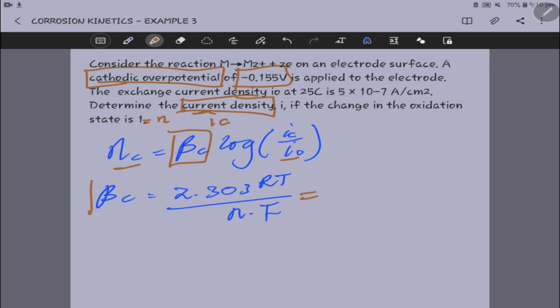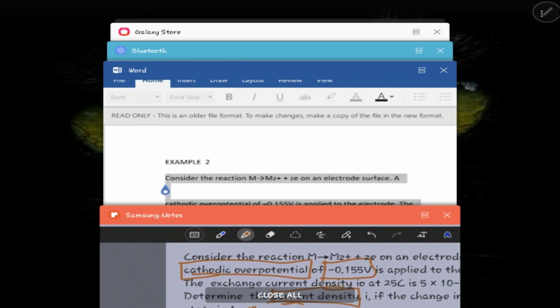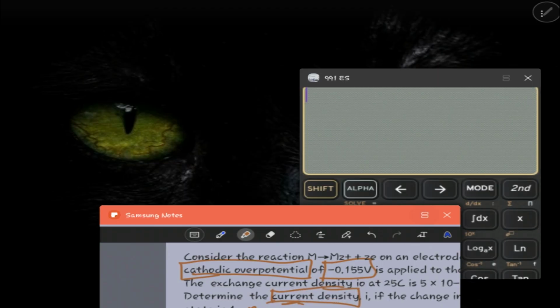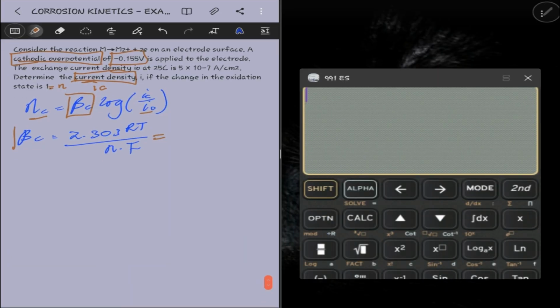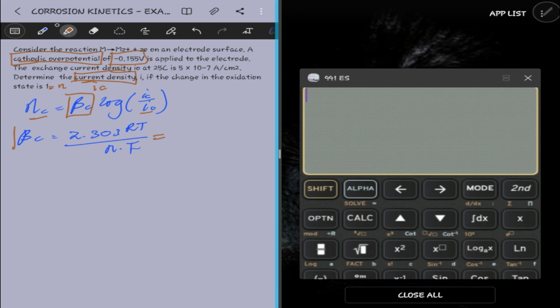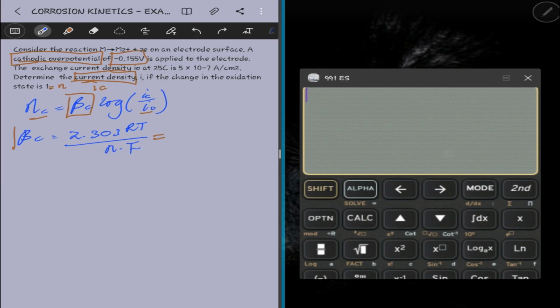Okay, so let's see what we have for that. Then we have a symmetry factor here, which versus this is 1 minus this.